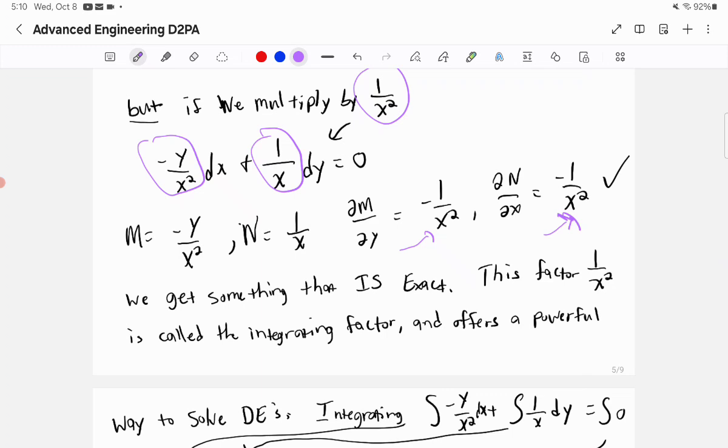Now, if we go to the thermodynamics example, because I've been talking about thermodynamics, there is something in thermodynamics that behaves like this, and it's called the entropy. Basically, the reason we care about exactness, by the way, is that inexact differentials are path dependent.